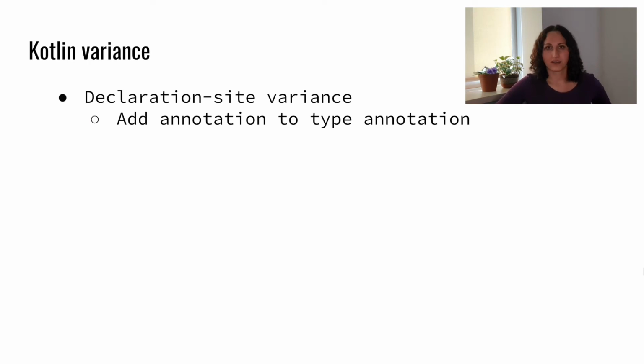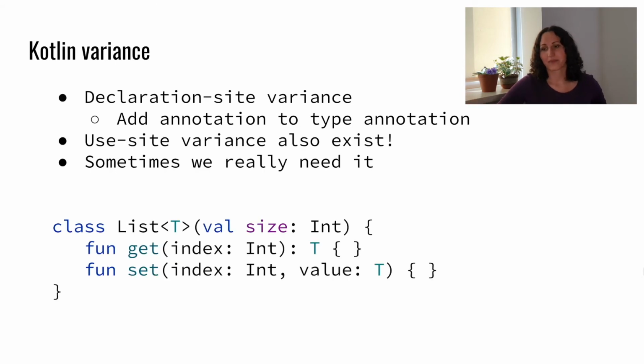Okay, so we discussed that declaration-site variance exists in Kotlin, which is great. And so you can use variance annotations in your type declaration. But use-site variance also exists in Kotlin, exactly like in Java, because sometimes we really need it, just because there are classes which both take argument T and return argument T. And well, we should do something with that too.